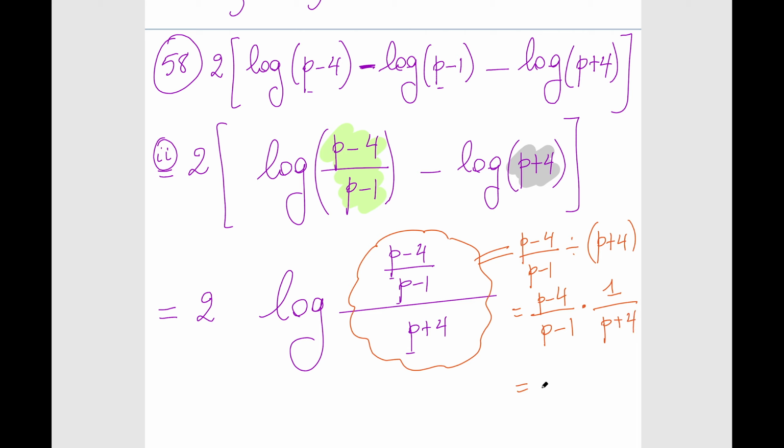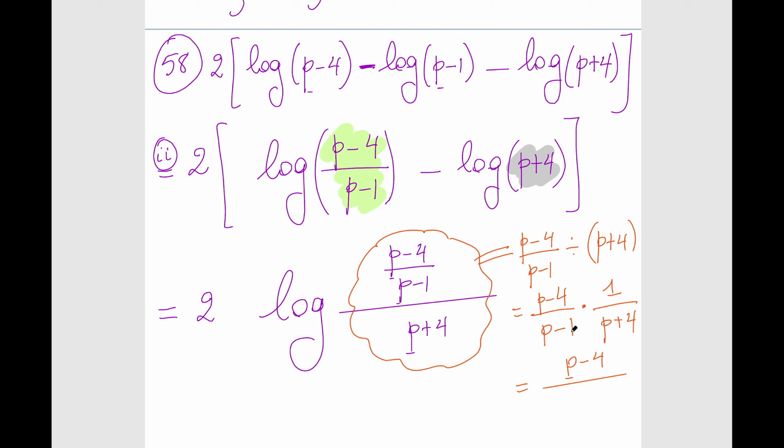And this is then the same as multiplying two quotients. How do you multiply two quotients? Straight across, right? It's a quotient between the product of the numerators and the product of the denominators. P minus 4 times 1 is p minus 4, right?